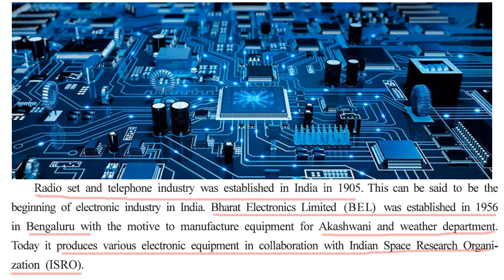For example, the supercomputer of India used for the weather department is manufactured by BEL. Today it produces various electronic equipment in collaboration with the Indian Space Research Organization. So BEL collaborates with ISRO to produce many electronic equipments.